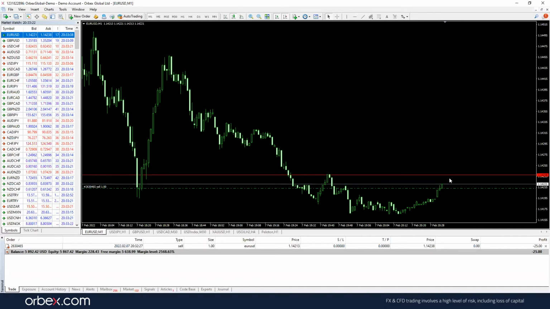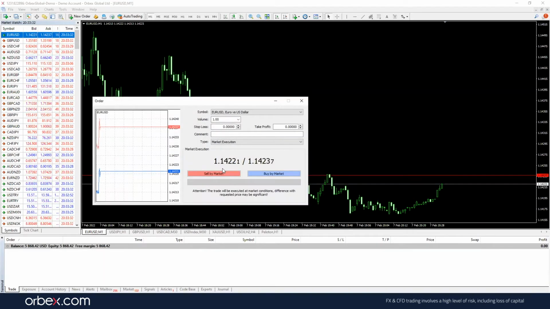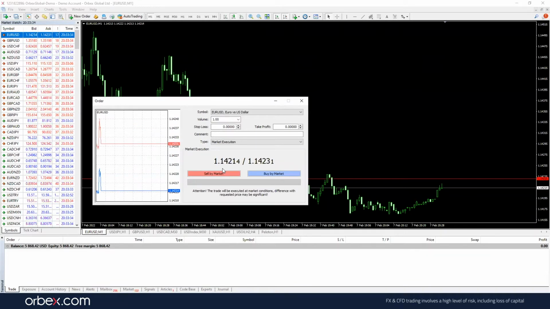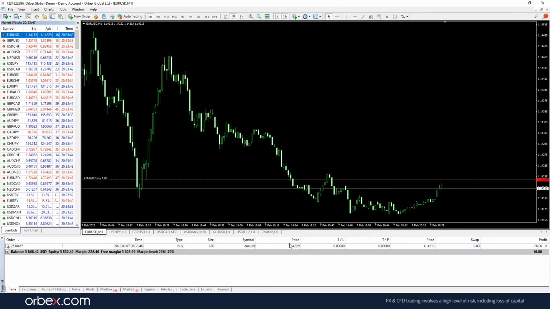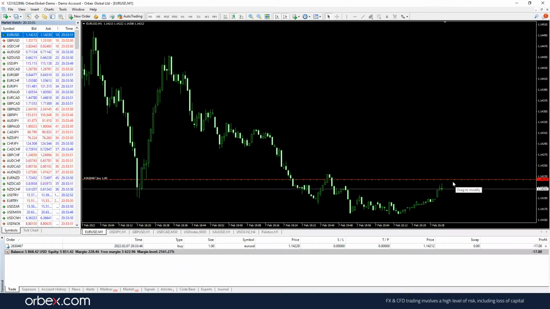For a buy position, I'm going to open at the ask price and close at the bid. Because it's a demo account, I'm not really too bothered about my losses there. I just want to show you the examples that I'm going through at the moment. So now we have a buy market. With a buy, I'm going to open at the ask price, 114.22 approximately, which is here. So that's where my trade opened.